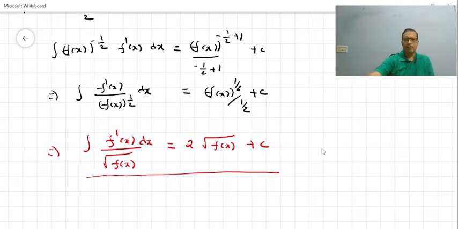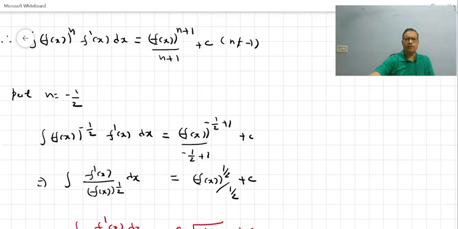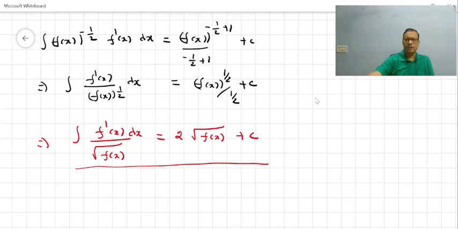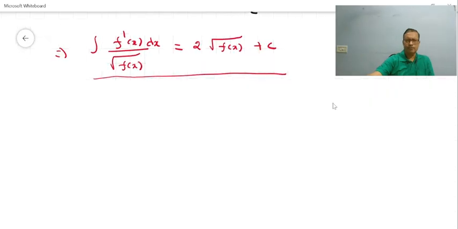Now using the formula, the integral of (f(x))^n f'(x) dx, that is (f(x))^(n+1)/(n+1) plus constant, I am going to solve some problems.